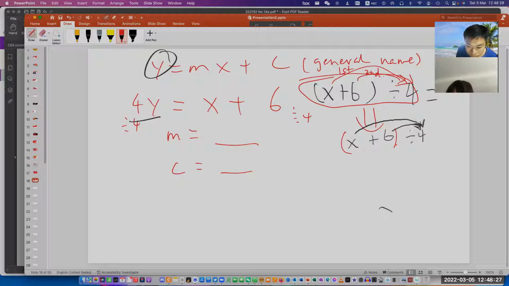Remember to keep the bracket. So what do you get for the first arrow?